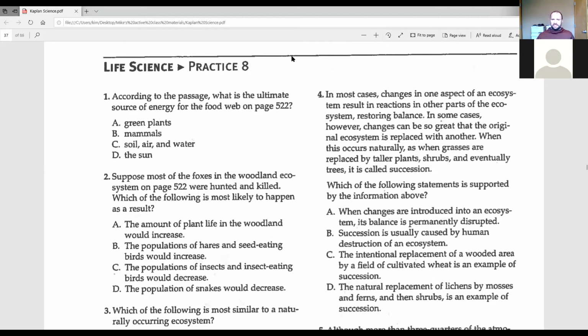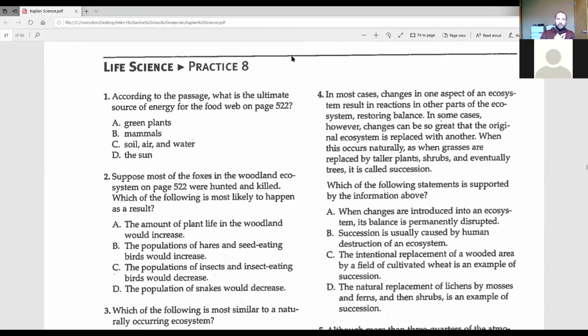In some cases, however, changes can be so great that the original ecosystem is replaced with another. When this occurs naturally, as when grasses are replaced by taller plants, shrubs, and eventually trees, it is called succession. So ecosystems can change. Okay? They can change naturally, and they can be aided by man, right?